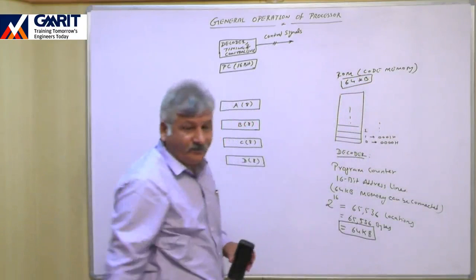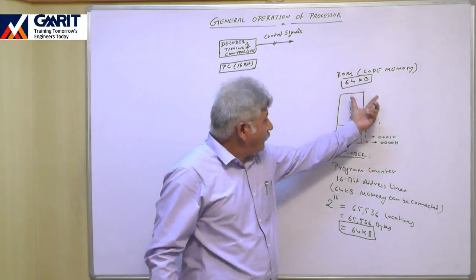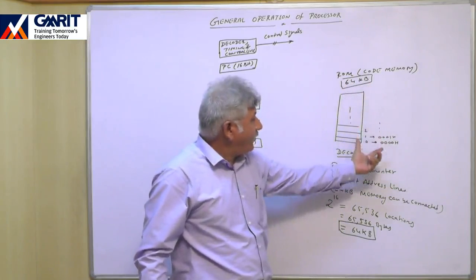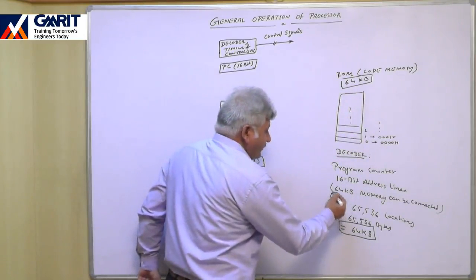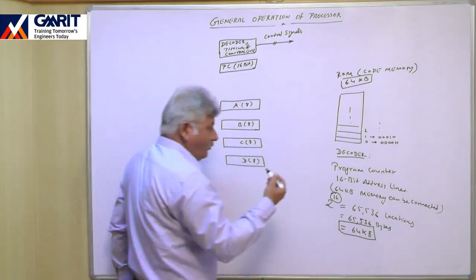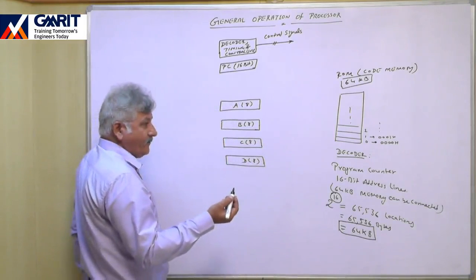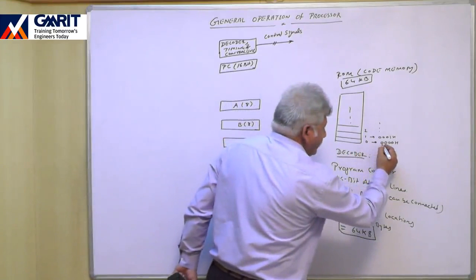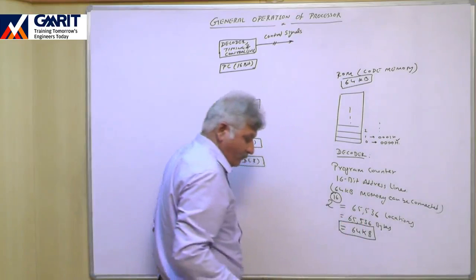Now to access the locations of this 64 KB memory, since there are 16 address lines, the addresses will be of 16-bit. For example, here this address 0000H. H means this is a hexadecimal number.